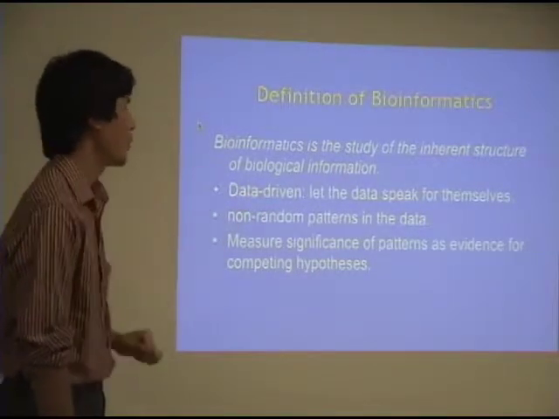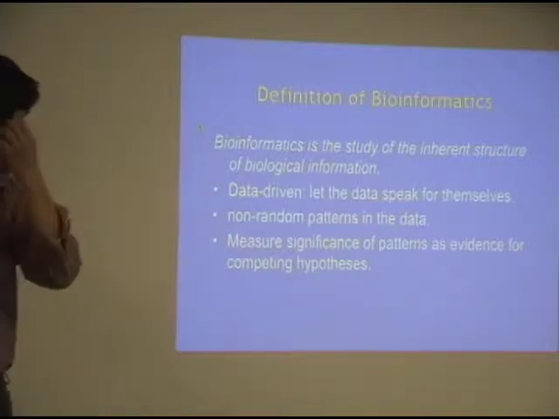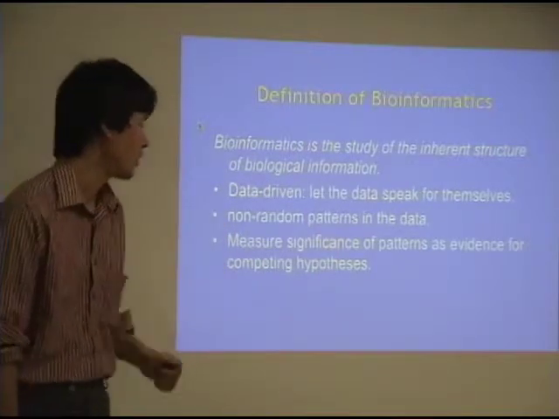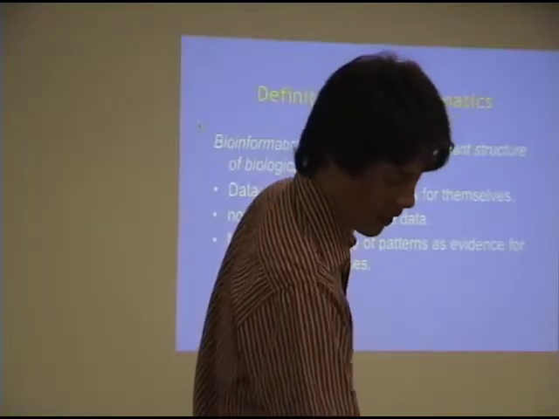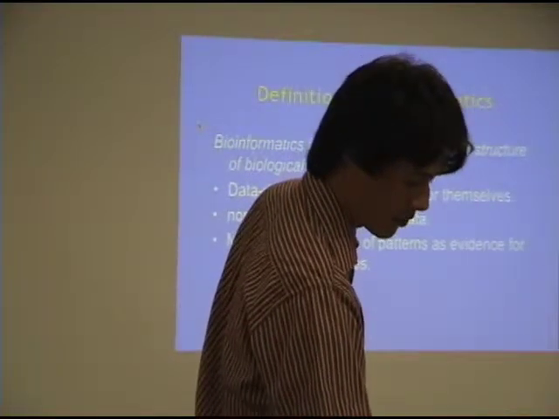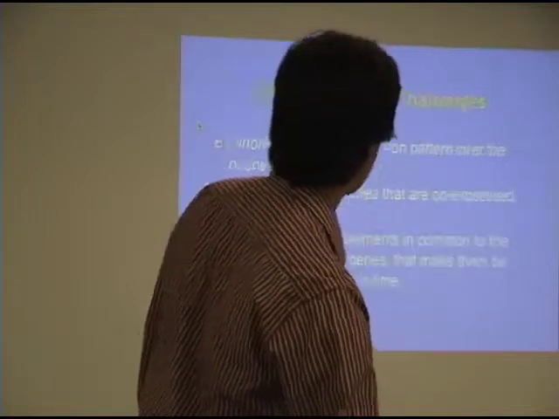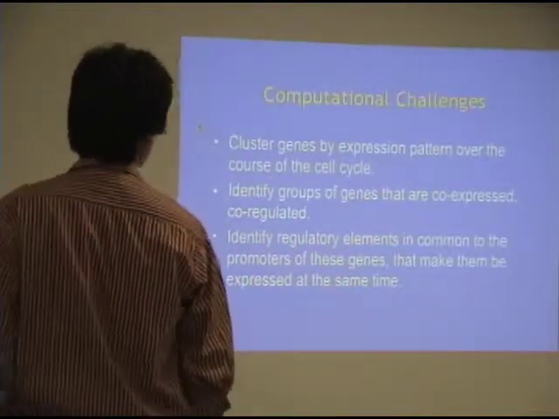And ideally, we would let the data speak for themselves by basically exposing non-random patterns within the data, which of course requires us to have measures of evidence for any kind of patterns that we try to dig up from this data.